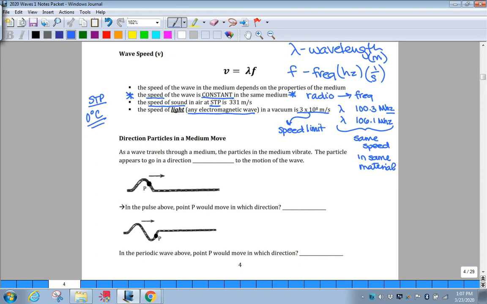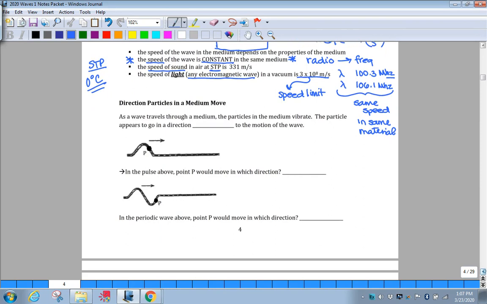Nothing can travel faster than the speed of light. So if you're getting numbers for speed that are way bigger than the speed of light, you've done something wrong. All right, so these facts are pretty important. Hopefully they become more clear as we go along, but just try to accept them for now, and as the concept comes up again, we'll touch on these characteristics again.